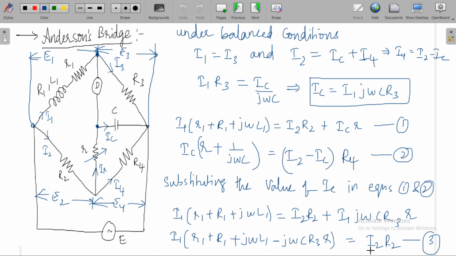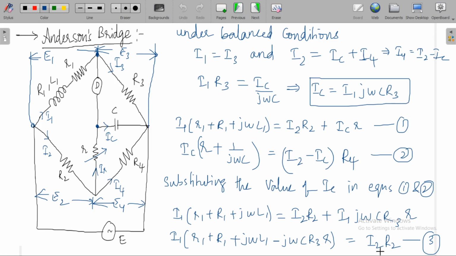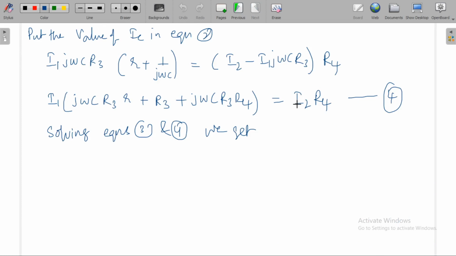In place of this I2, you put this I2 from equation 4.